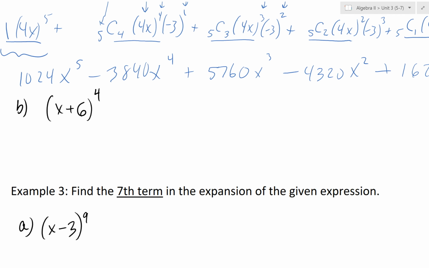Okay, go ahead and try the next one, B. And I haven't shown you how to do example 3 yet, but you can try to figure it out on your own if you want. Just make sure you write in pencil in case you make a mistake when I come back and do it with you. But go ahead and do x plus 6 to the fourth power using the binomial theorem. I'll come around and help you if you need it.